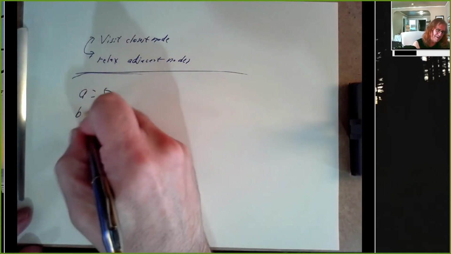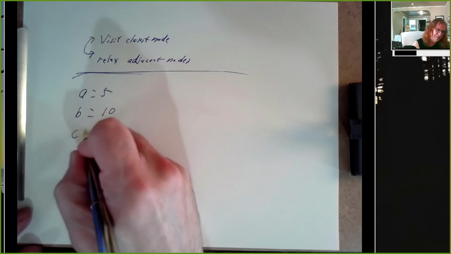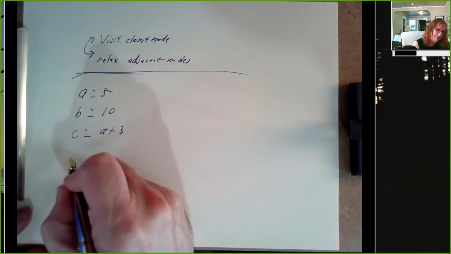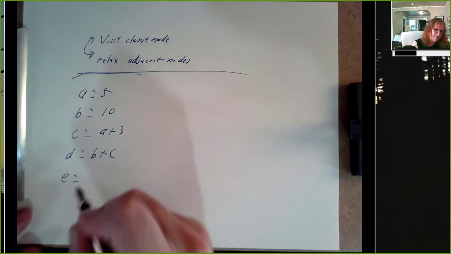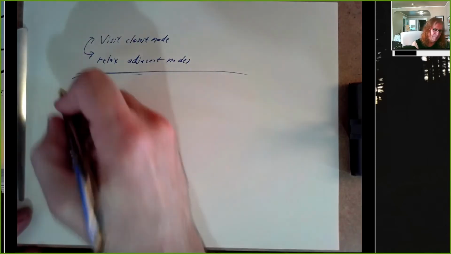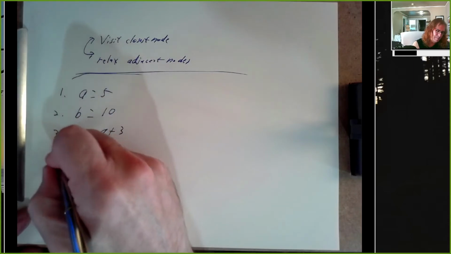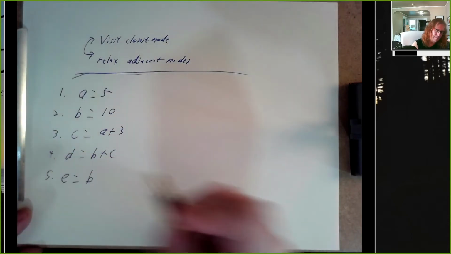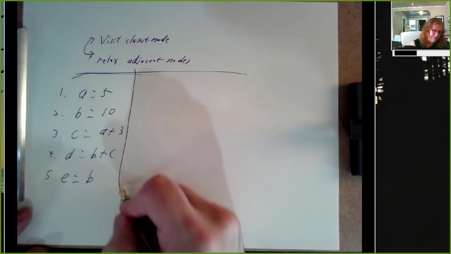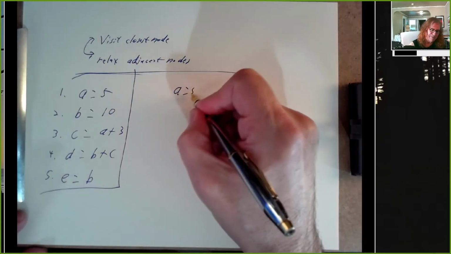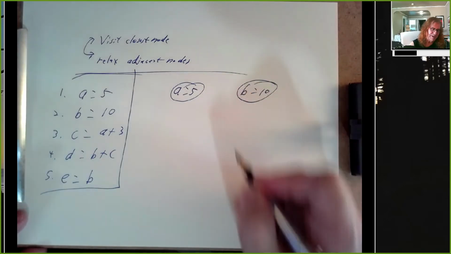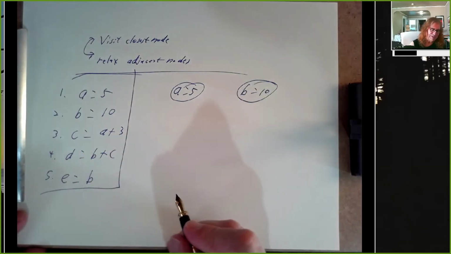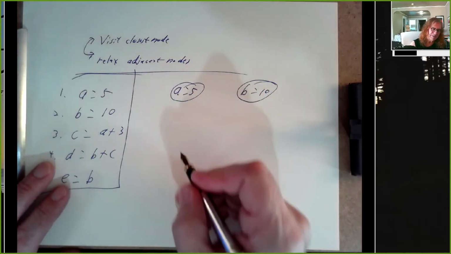A equals 5, B equals 10, C equals A plus 3, D equals B plus C, E equals B. So A equals 5 doesn't depend on anything. B equals 10 doesn't depend on anything. C equals A plus 3 requires that this instruction finishes first.